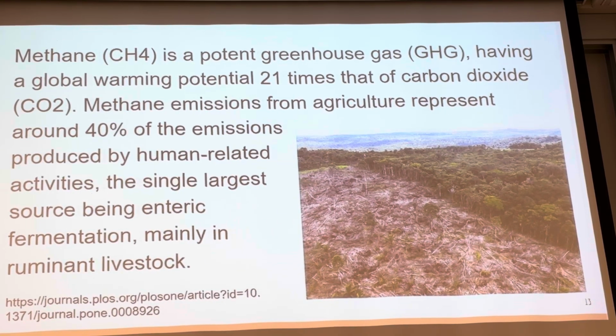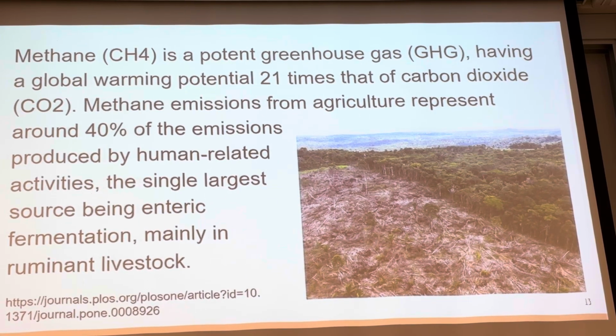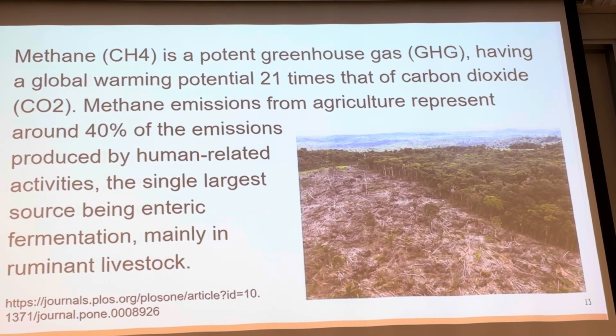Because methane is way more powerful at trapping heat in our environment, it's a huge reason why we have rising global temperatures, because of the methane emissions produced by livestock.